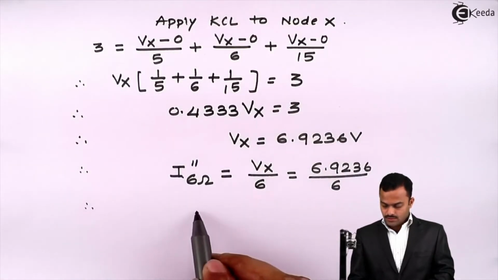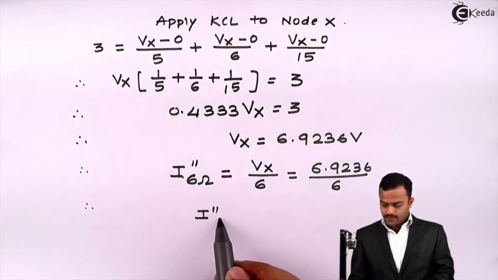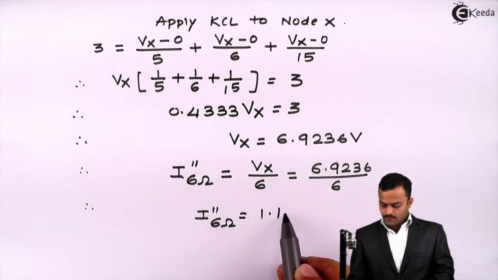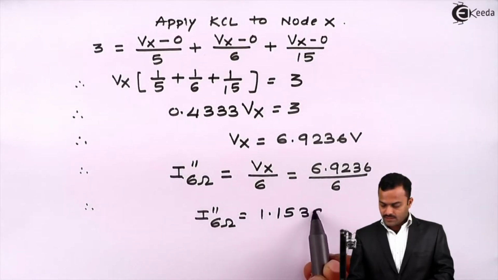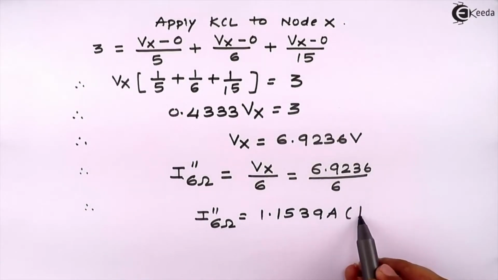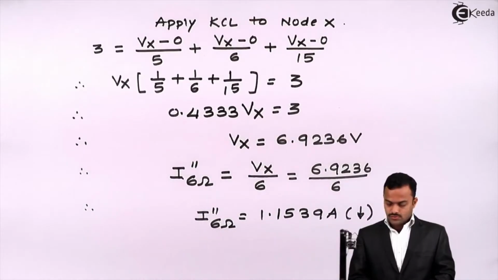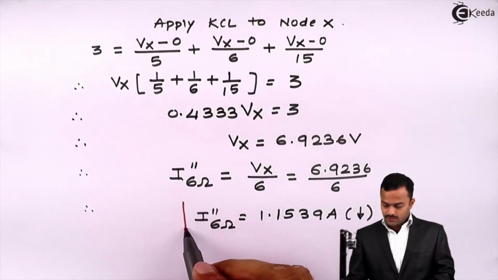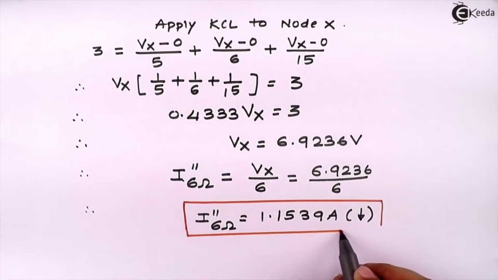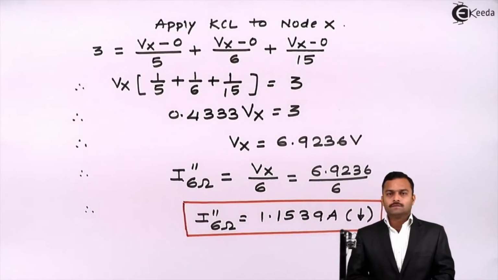If you solve, you will get I double dash 6 ohm as 1.1539 ampere. Current direction we assume as downward, so this will be the current flowing through 6 ohm because of 3 ampere acting alone. Now let's go to the third step.